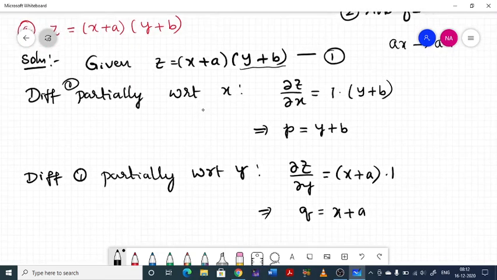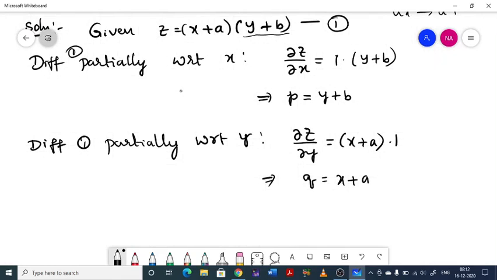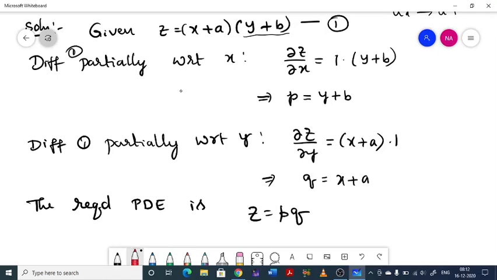Therefore the required PDE is z equal to pq. So this is the required one, z equal to pq. That is the required partial differential equation.